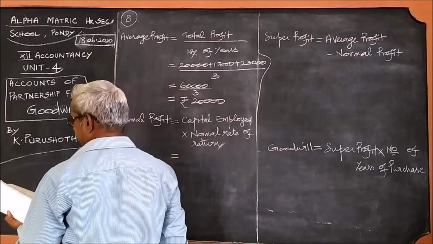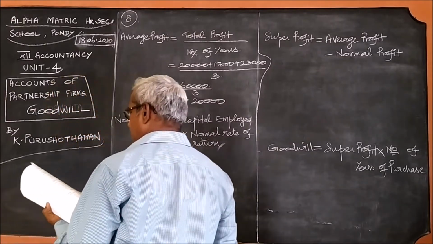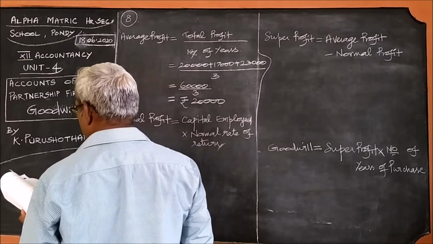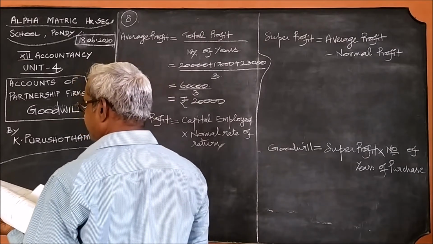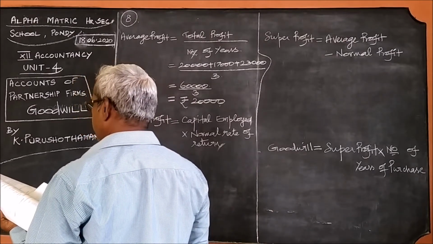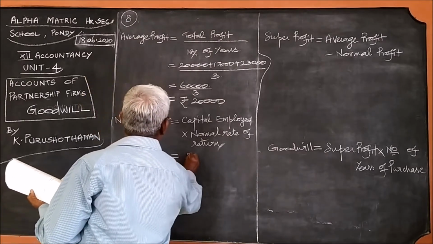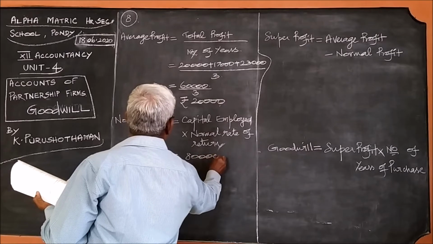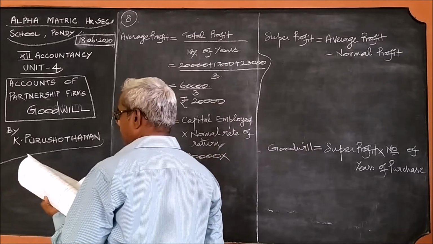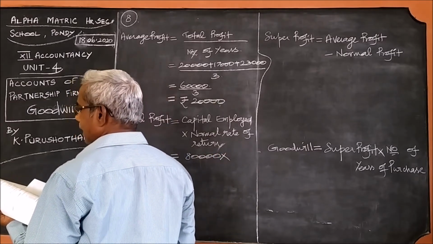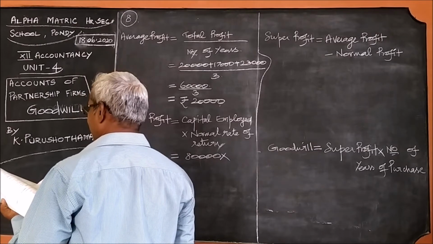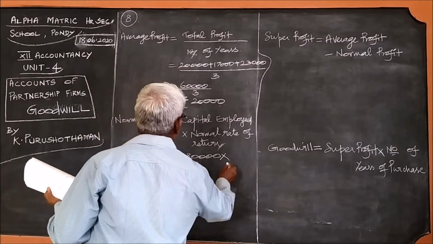What is the amount of capital employed? Capital investment of the firm throughout the above mentioned period has been 80,000. This is the capital employed. And the risk involved, that is the return, is 15%.